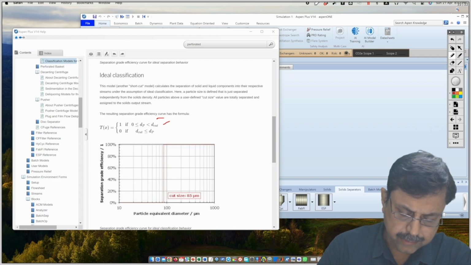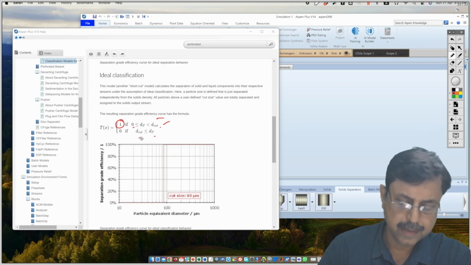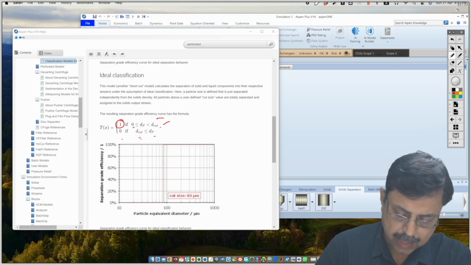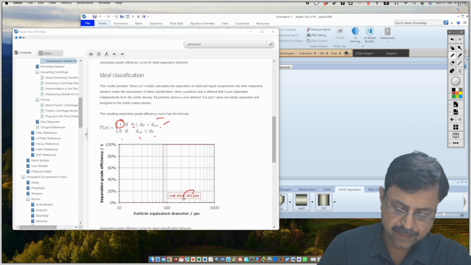For the particles having size between 0 and D cut, the separation efficiency will be 100%, and the particles having size higher than the cut size will not be separated. So here the cut size of 85 micron has been mentioned, which is over here.